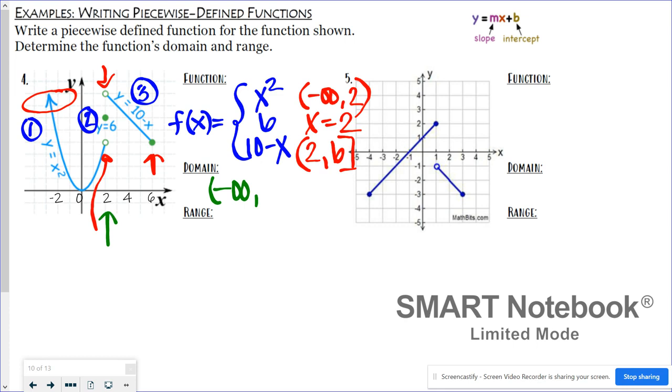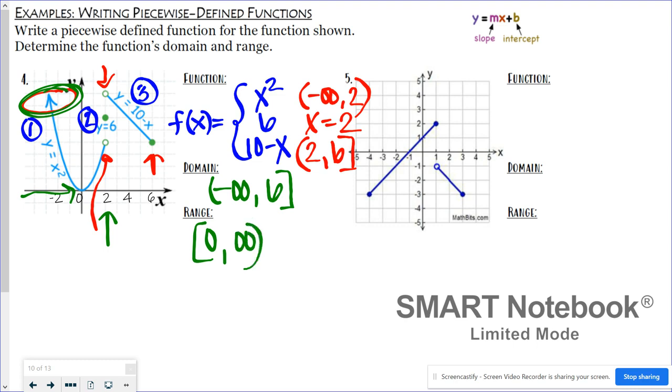I can keep going, and I will continue until I get to x is 6, where it's solid, and I have a bracket. For my range, my function is going as low as y is 0, and there is a solid point on my graph there. And then remember, this arrow here is indicating that it is going up forever, so that would be to infinity and beyond.